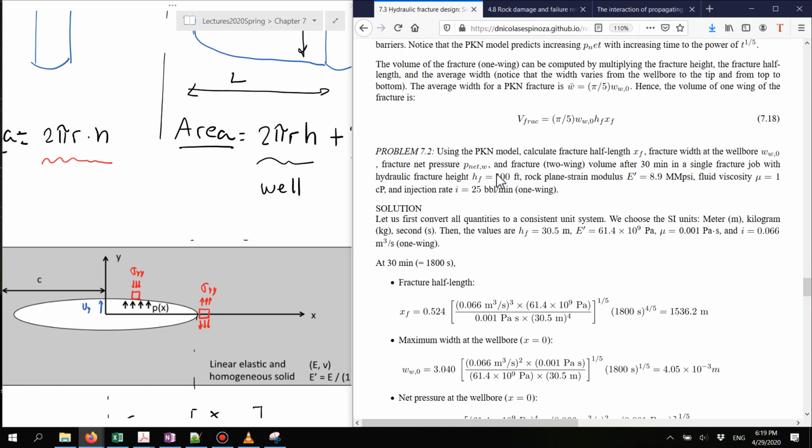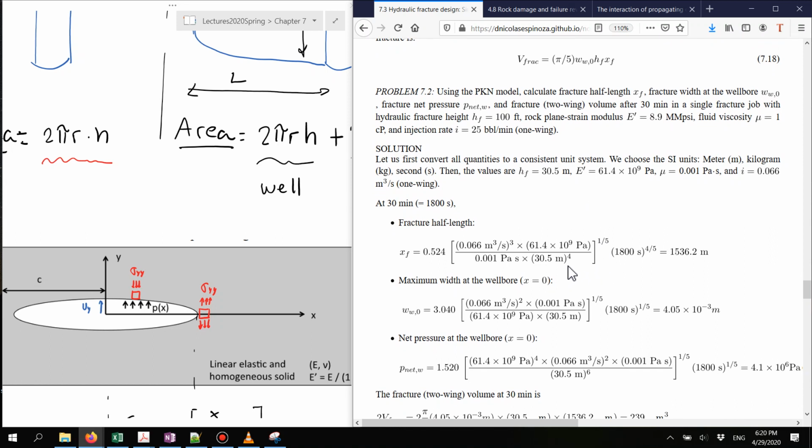What I ask is that you compute the fracture half length, the width of the fracture, and the net pressure as a function of time. And using the equations that we saw, you can calculate that straightforwardly just by replacing all the variables in here.